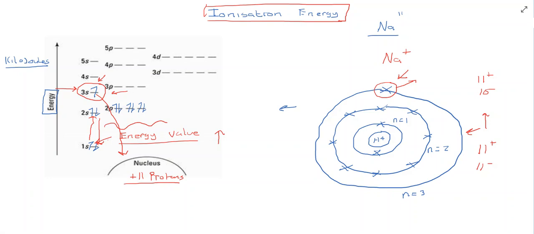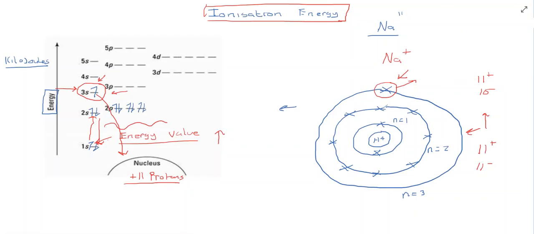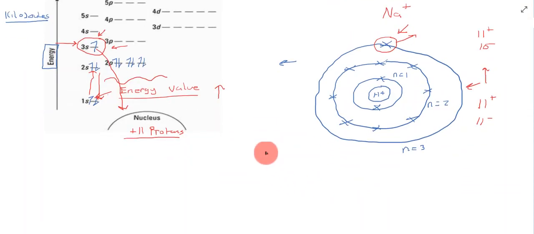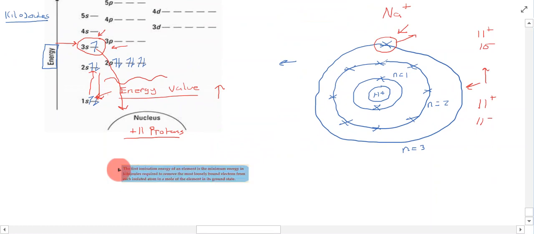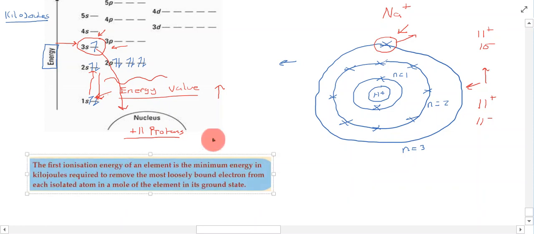Now, there are different types of ionization, and I just want to look at one particular definition here. We'll look at this first definition, and then we'll start to look at some examples of that in the next couple of lessons. So we have what's known as the first ionization energy of an element.